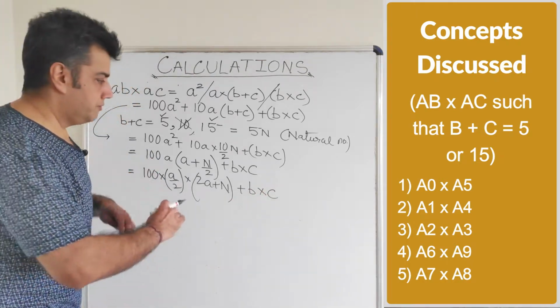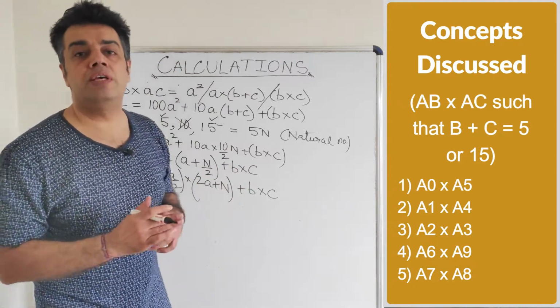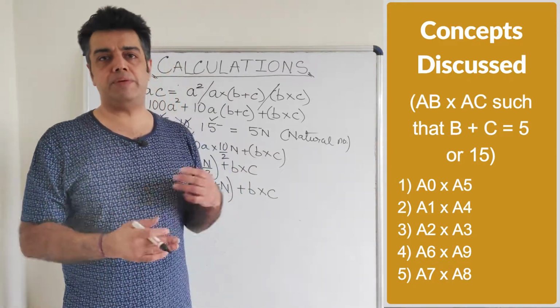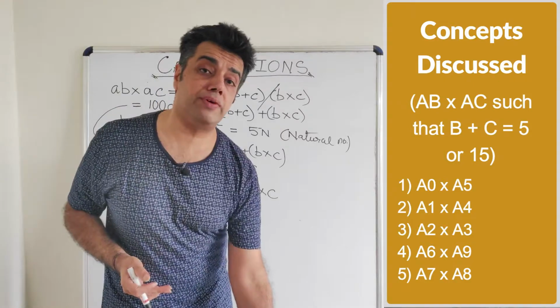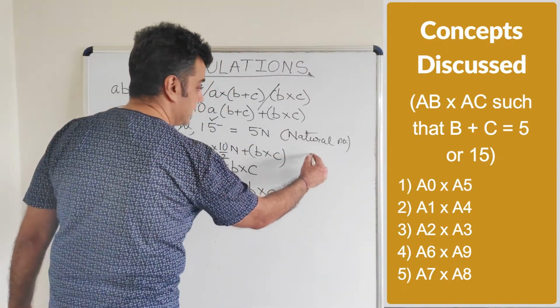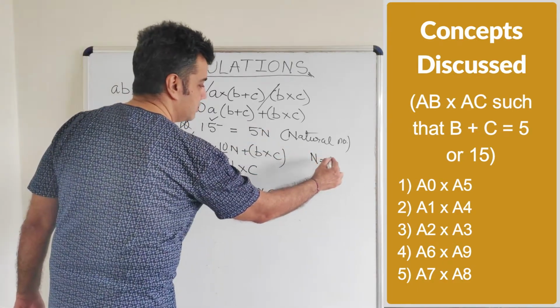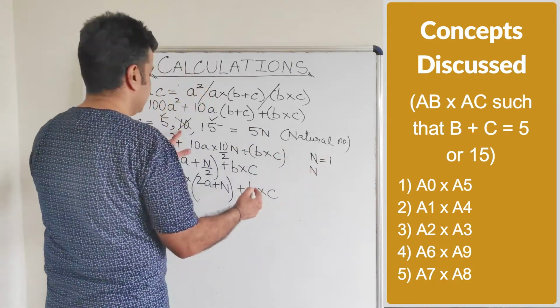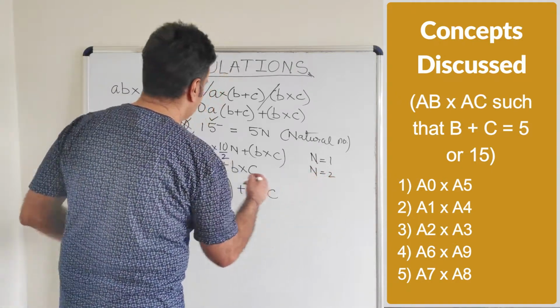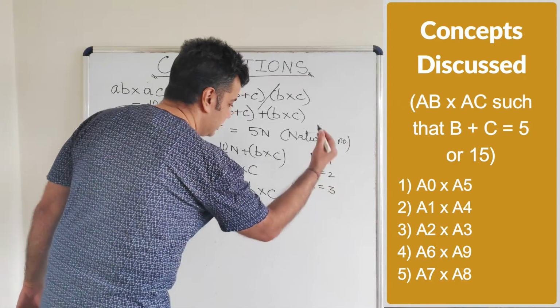So time to formulate, because this is the concept that we have discussed. Now it is time to keep on practicing the concept till it becomes a formula. When we are trying to formulate this, all I need to understand is how many different values of n I can take here. If this was simply 5, the value of n becomes 1. If this was 10, the value of n becomes 2. And if this would have been 15, the value of n becomes 3.